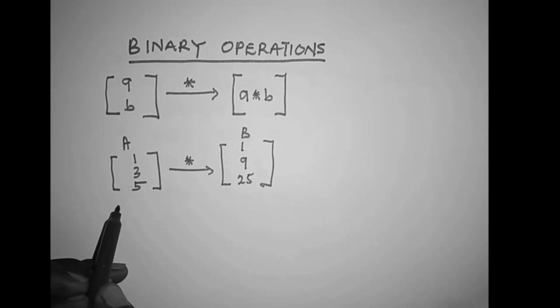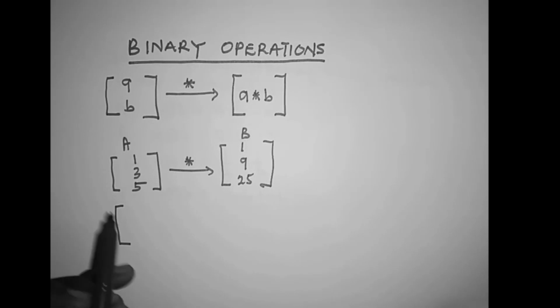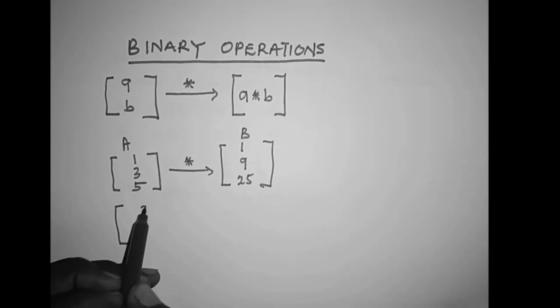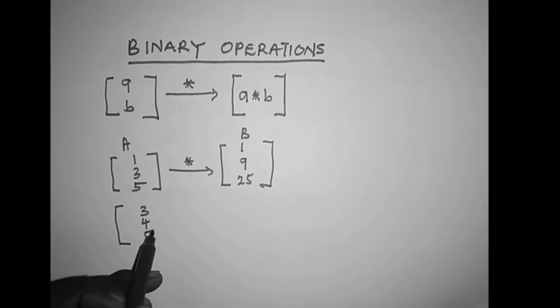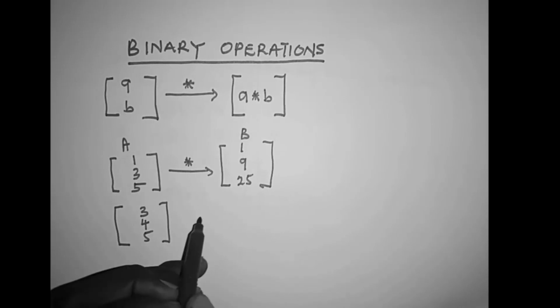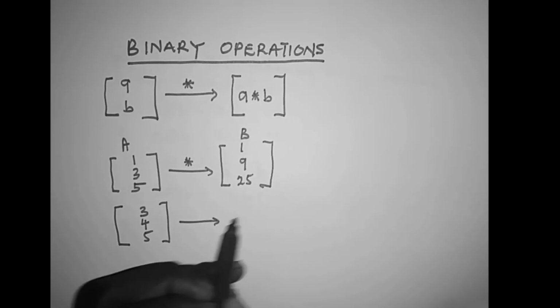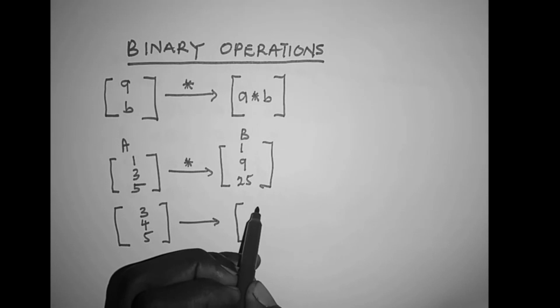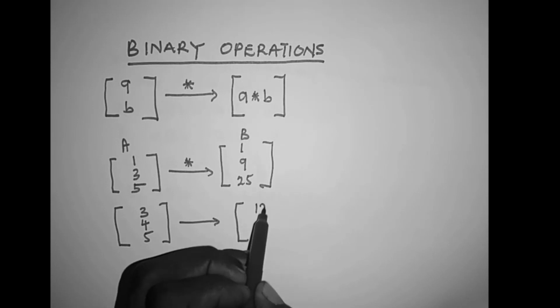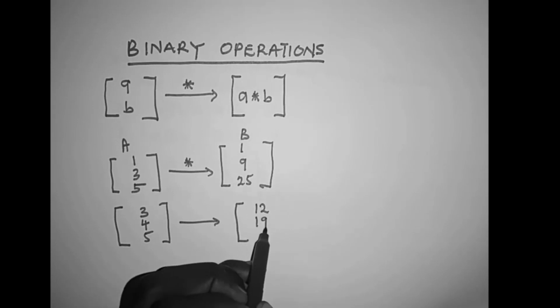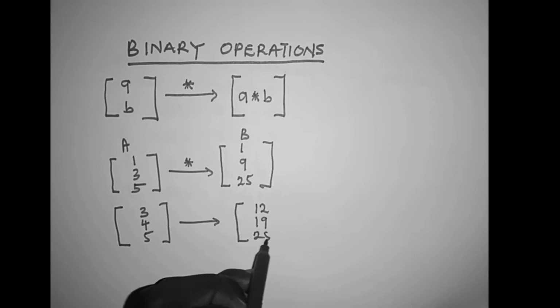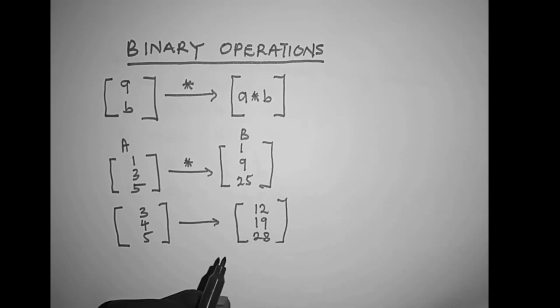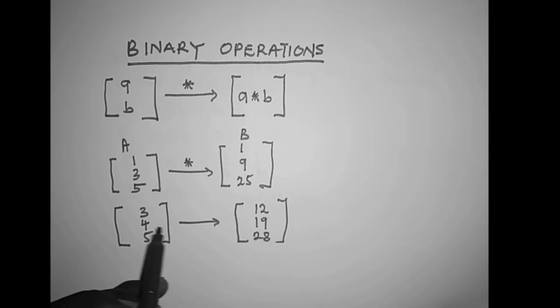For example, let's assume we have another collection in a certain set, 3, 4, 5. And then we also have another collection, the members here, 12, 19, and 28. You see that if we square 3, we will get 9.